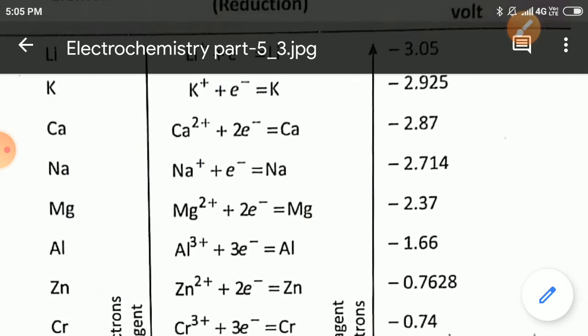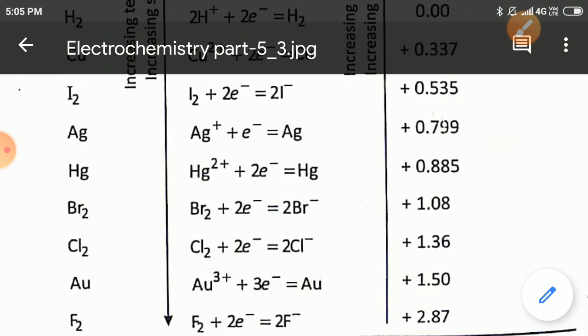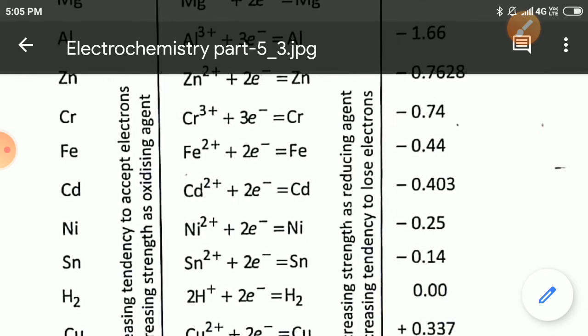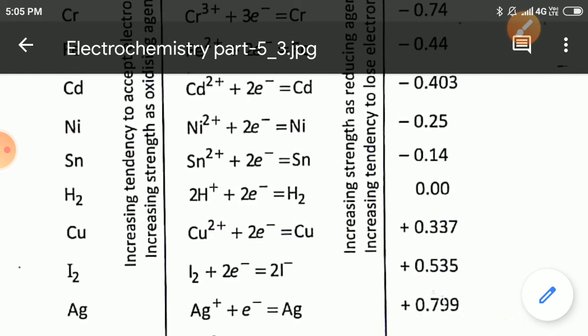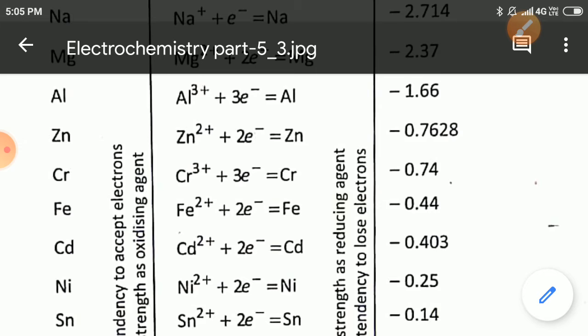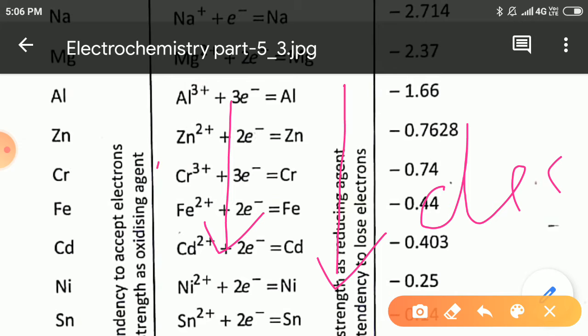So on the left hand side, this arrow is given from top to bottom, which indicates increasing tendency to accept electrons, that is, increasing strength as oxidizing agent. So in this series, if we move from top to bottom, reducing character decreases, while at the same time oxidizing character increases.